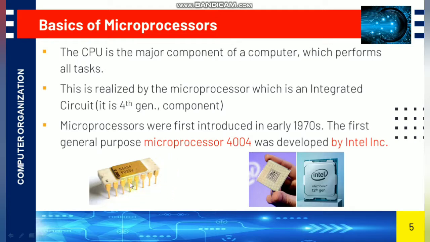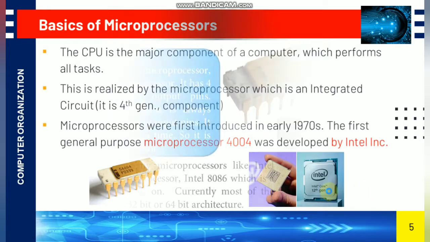The number of pins should be the same: as many inputs as it gets, it sends as many outputs. Now the latest Intel microprocessor is Intel Core 12th gen, and 13th gen and 14th gen are under progress.